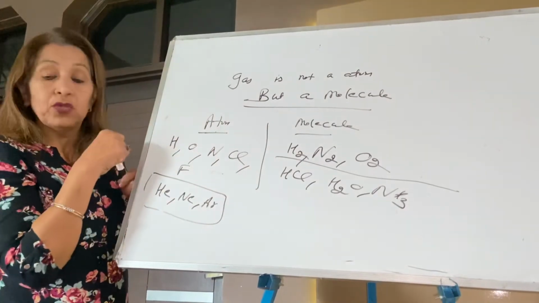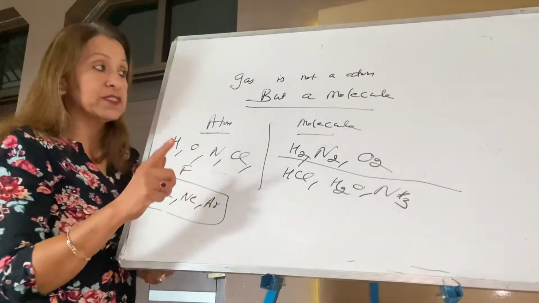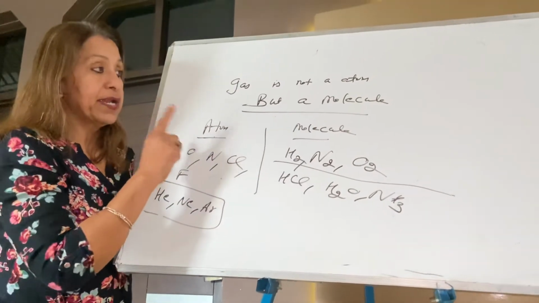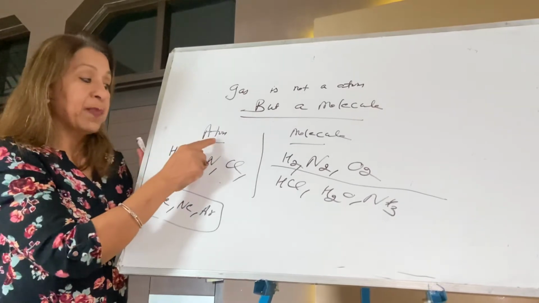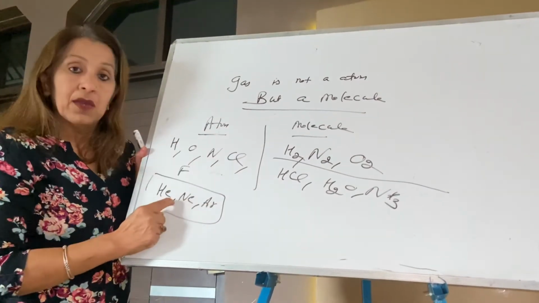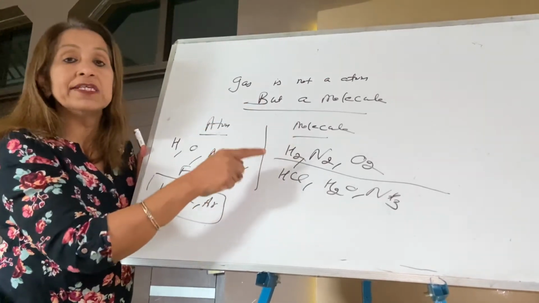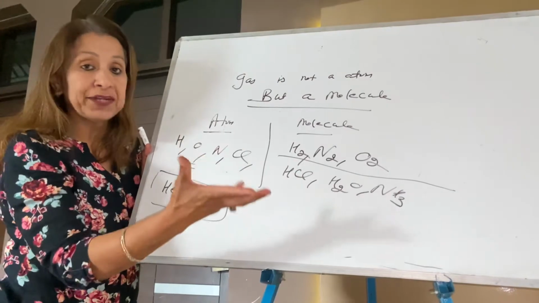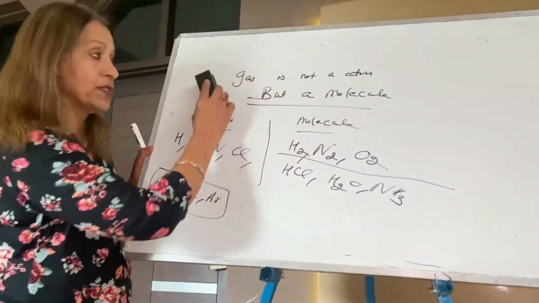According to Avogadro, remember, the smallest particle of the gas is not an atom but a molecule, and an atom is the smallest particle of an element which may or may not have independent existence. A molecule is the smallest particle of any substance which always has independent existence.